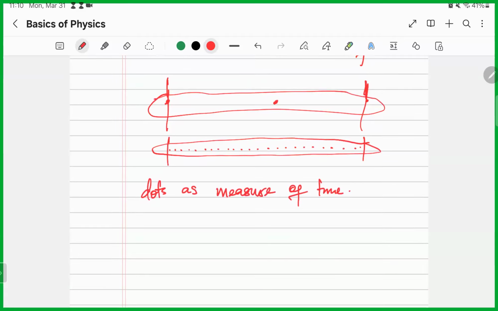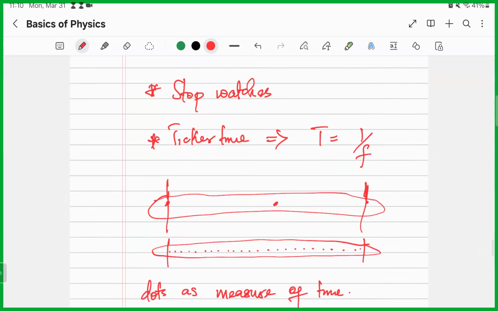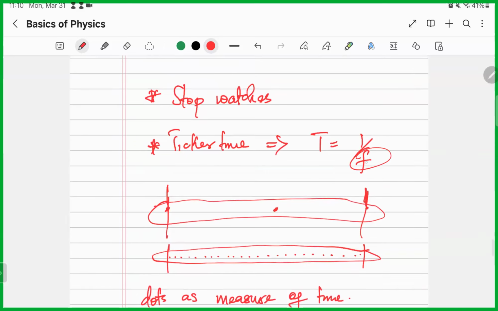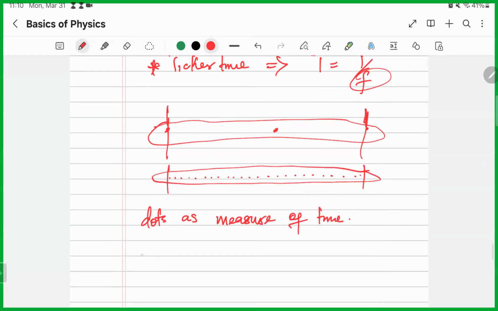I will be using examples to establish things. Like I said initially, it measures based on frequency. So it will give you frequency. Say, okay, a body makes 50 dots in 1 second.